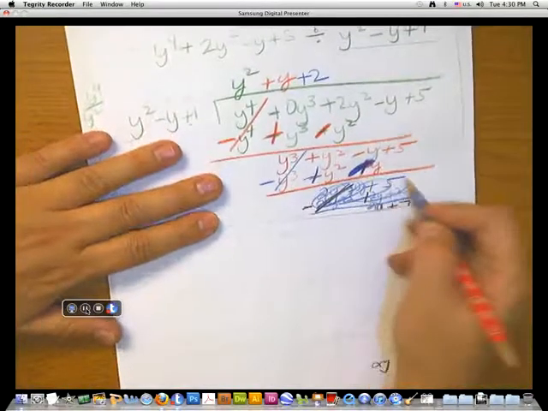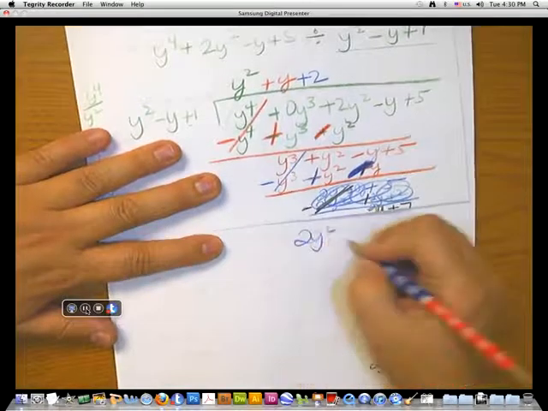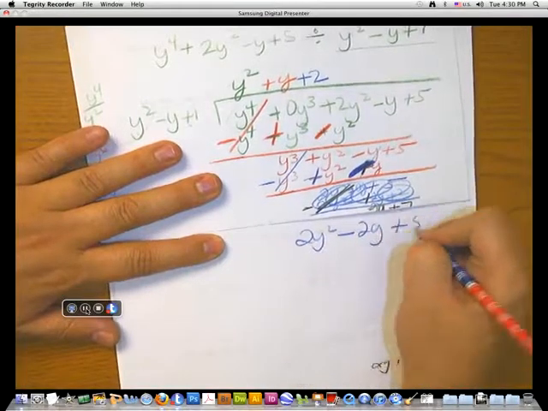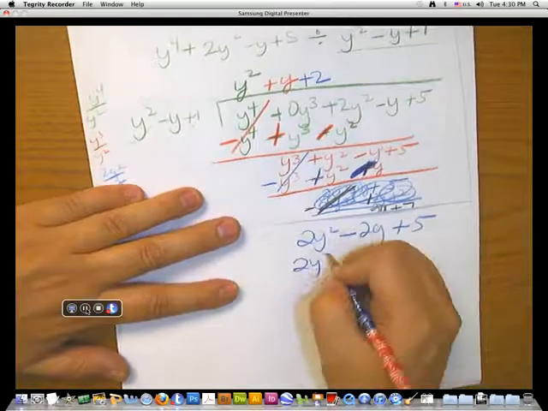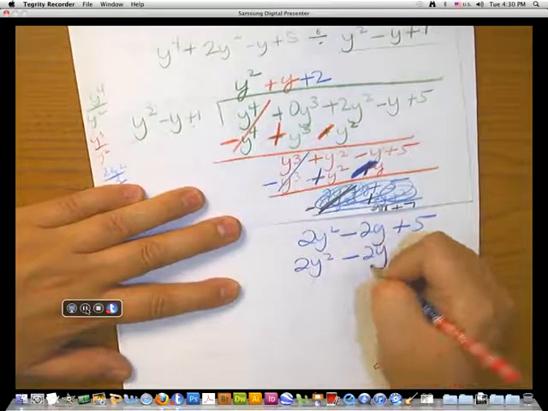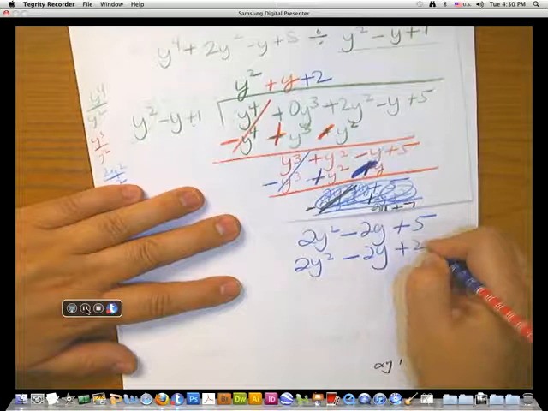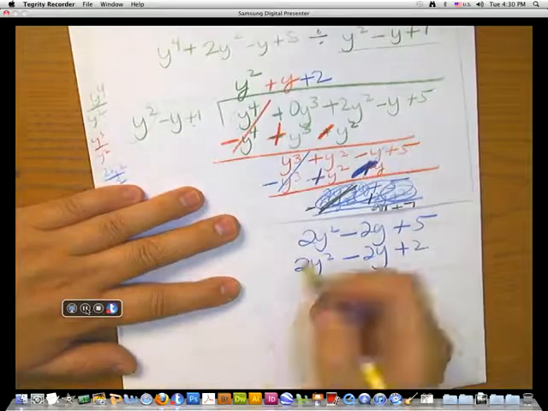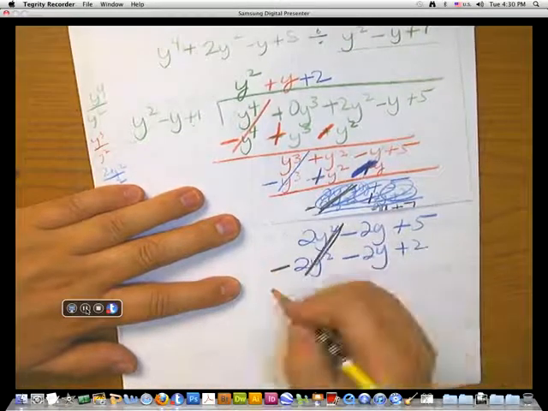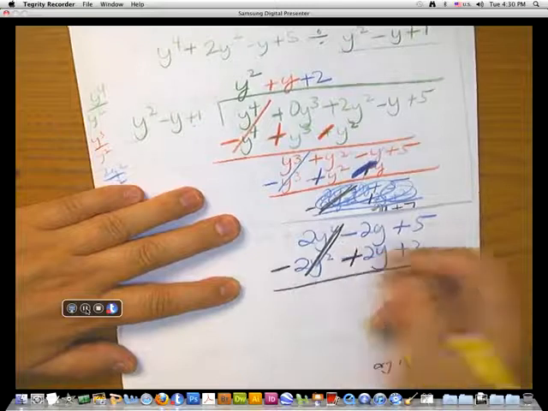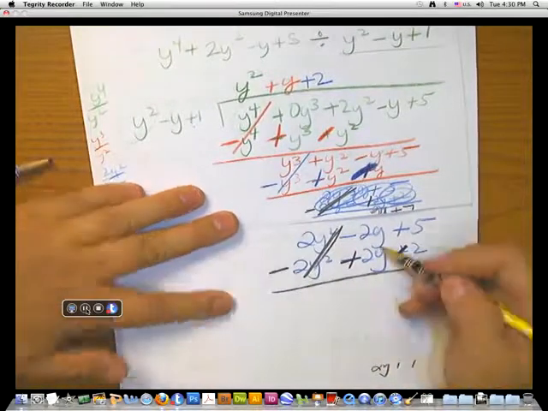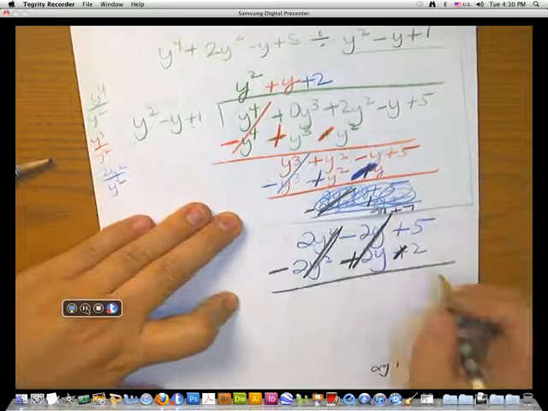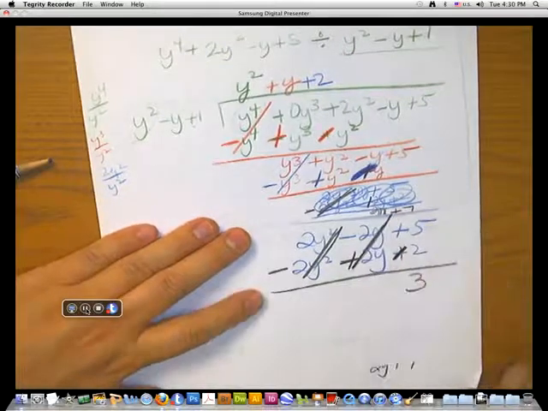So that this was 2y squared minus 2y plus 5. I still multiplied by the 2, so I got 2y squared minus 2y plus 2. When I change my signs, the 2y squared goes away, the 2y goes away, and I just get 3 left over.